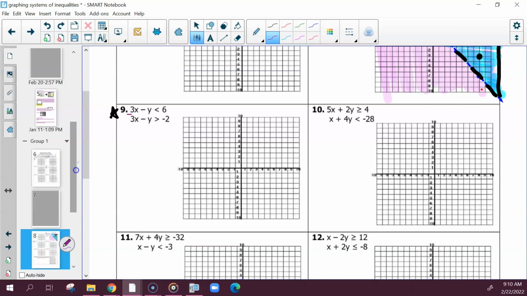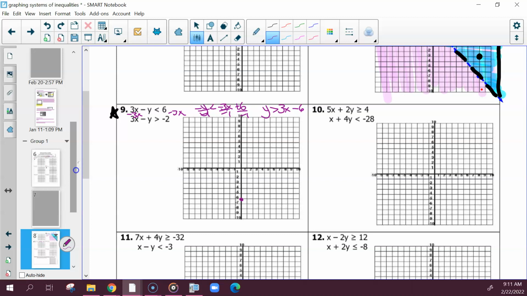For the first one, we need to subtract 3x on both sides, and divide by what? -1. To get y is now greater than positive 3x minus 6. And then we can graph that one.